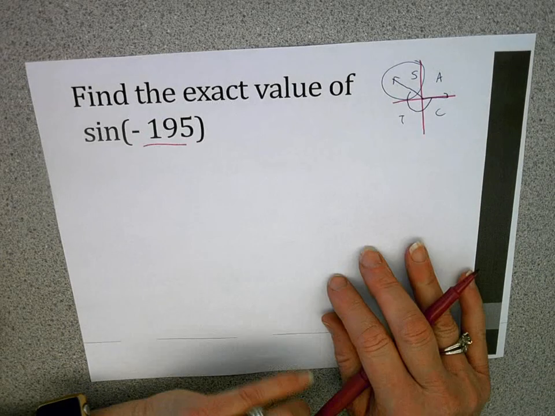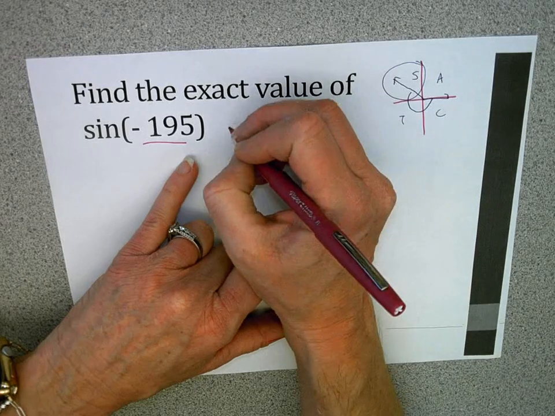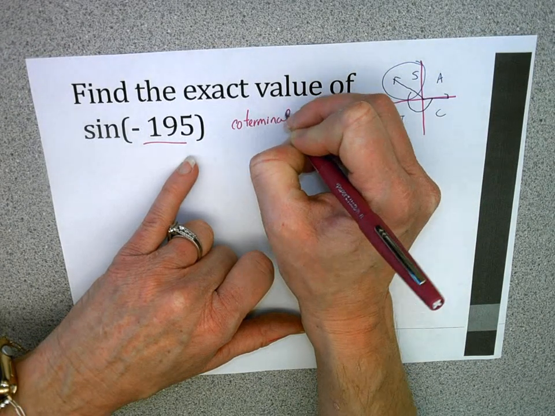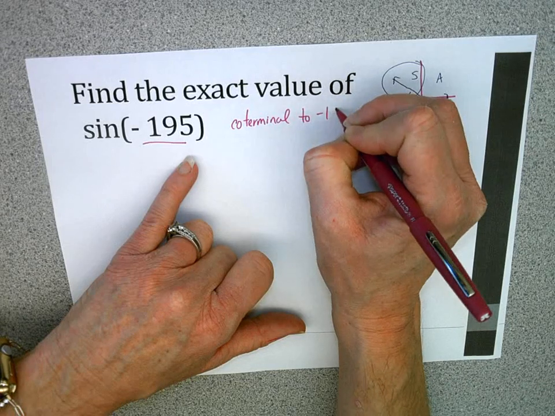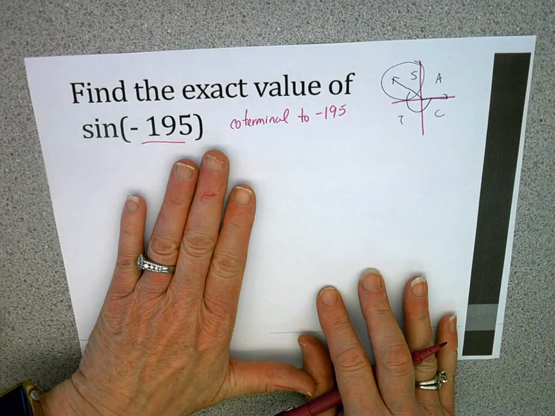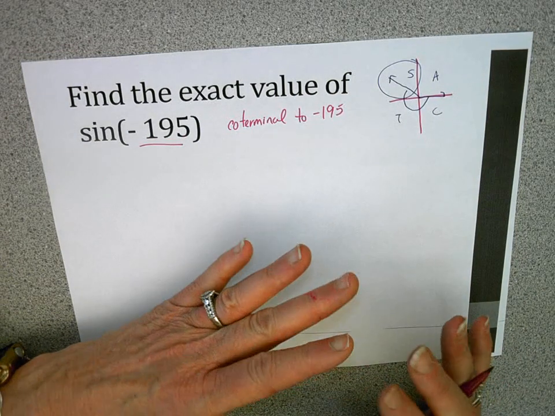Okay, now, up to you. I don't like to deal with the negative, so I'm going to find a coterminal angle to negative 195 first, and I'm going to do it that way. You can work with negative 195 and somehow get it to add or subtract, but I'm not.